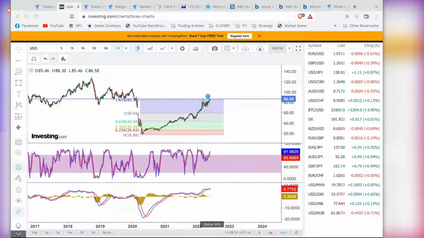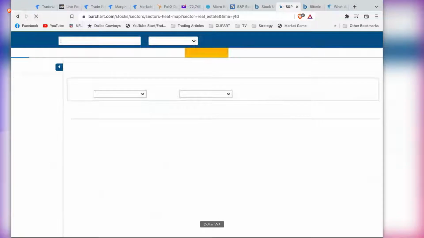Can you do TA on NIO? Okay, let me see. What is NIO? Is that a COVID thing? Is that a pharmaceutical thing? First, I just generally want to know what it is. Oh, wait a minute, slow computer.